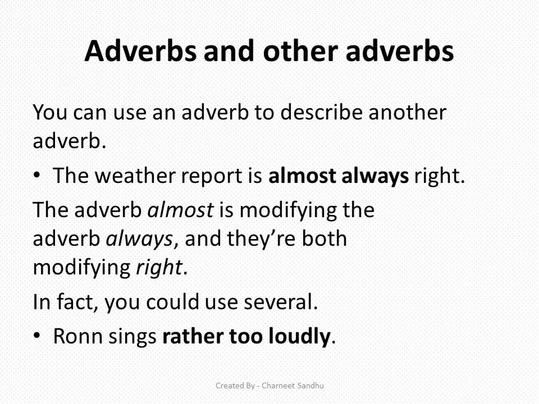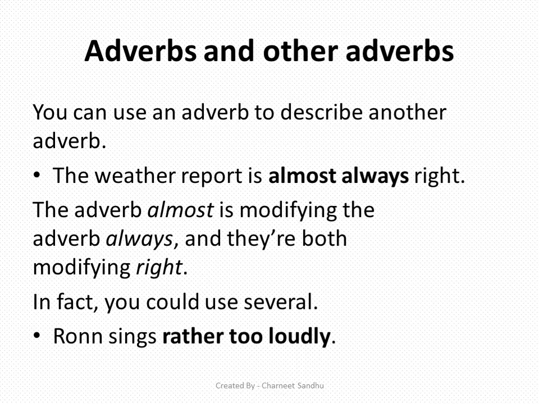Adverbs and other adverbs. You can use an adverb to describe another adverb. For example, the weather report is almost always right. So the adverb almost is modifying the adverb always, and they are both modifying right. In fact, in some sentences, you could use several adverbs together.